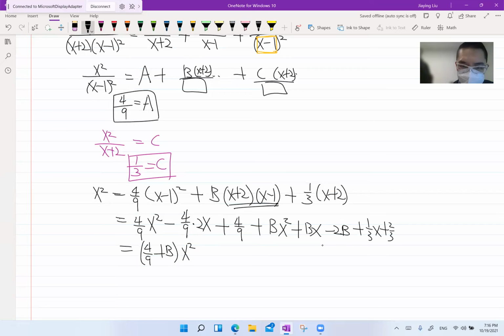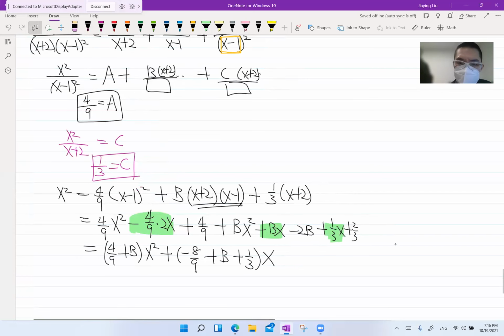And then the x terms, I'm going to put them together. So I have negative 8 over 9 x, plus b, plus 1/3 times x. What I did is I took all the x terms and put the coefficients together, and then I took all the constants and put them together.